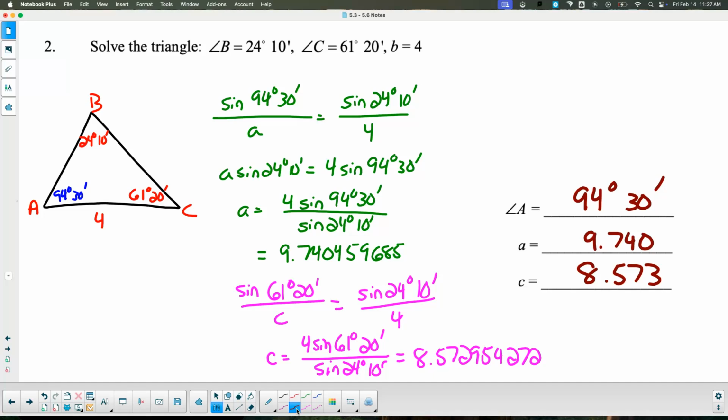Minutes divided by 60? Yeah. So 24 degrees 10 minutes is 24 plus 10 divided by 60. And if it was seconds, then it would be plus whatever the seconds is divided by 3,600.